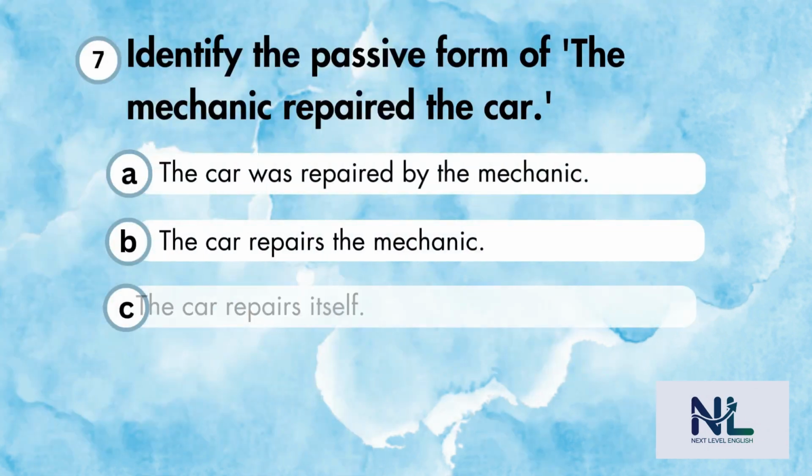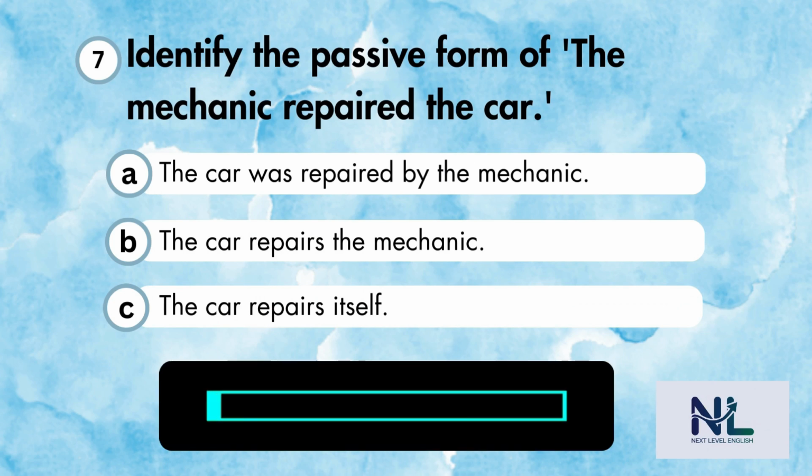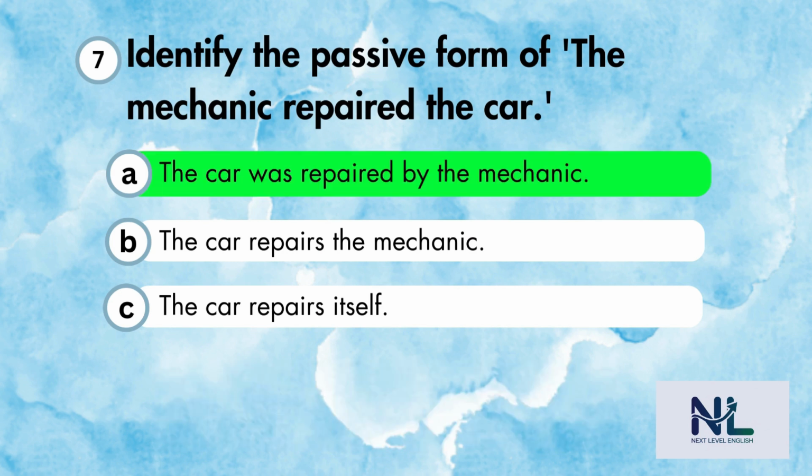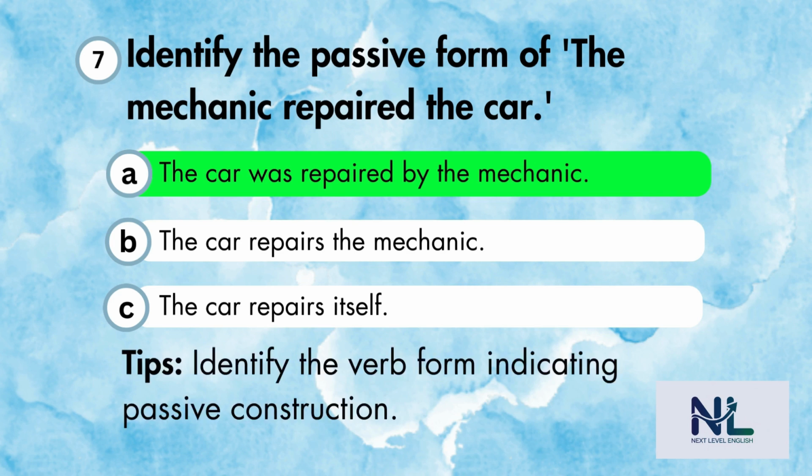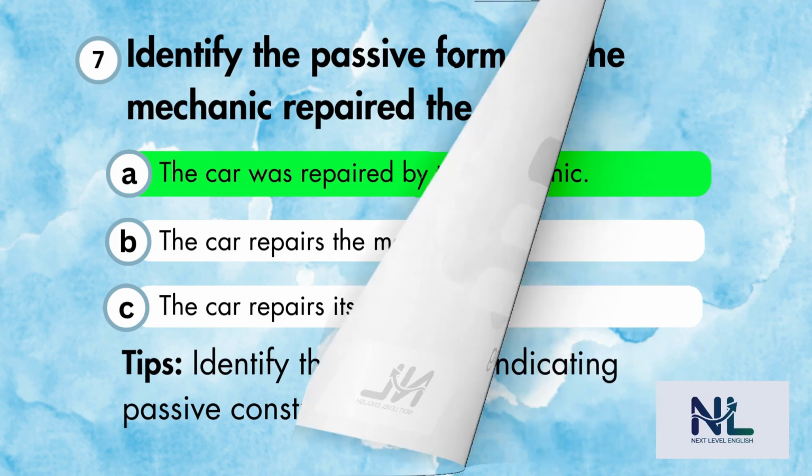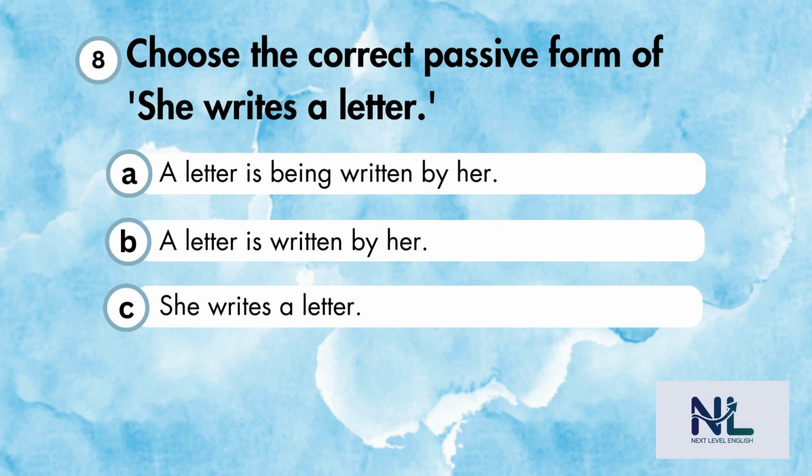7. Identify the passive form of the mechanic repaired the car. The car was repaired by the mechanic. Tips: identify the verb form indicating passive construction. 8. Choose the correct passive form of she writes a letter.